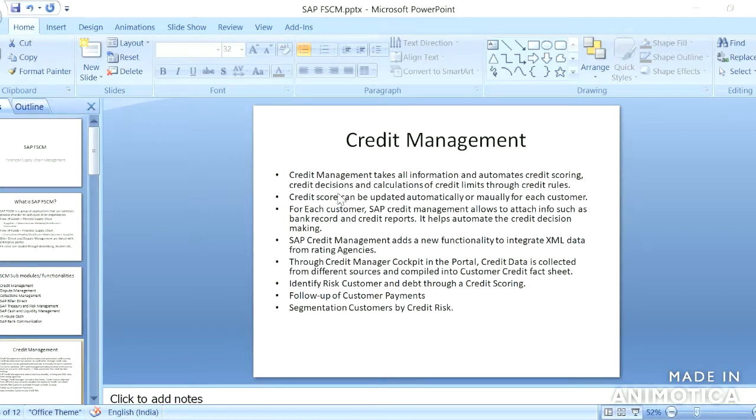If a customer has different credits, it will take the information whether this customer is paying promptly or missing any payments, whether this customer is paying before the due date or only after the due date, or prompt in paying the outstanding amounts. There will be different criteria. It will take all the information and provide a credit score to that particular customer.